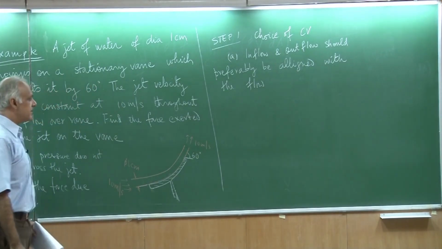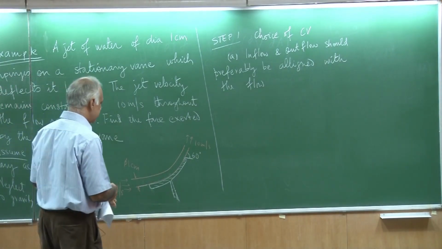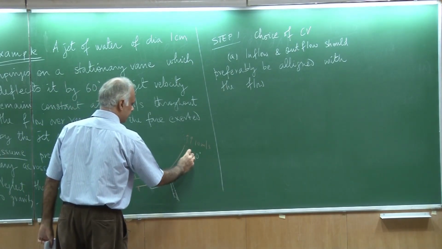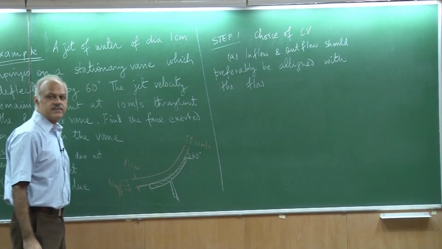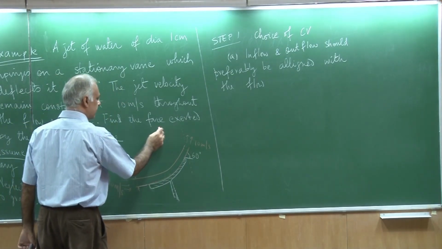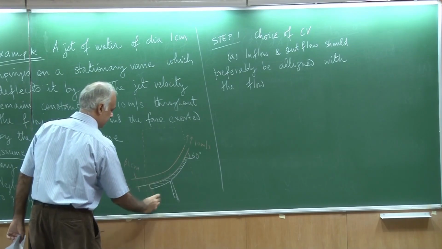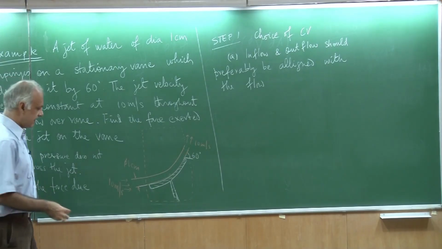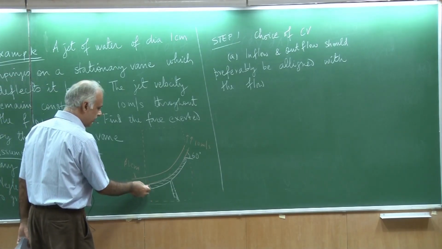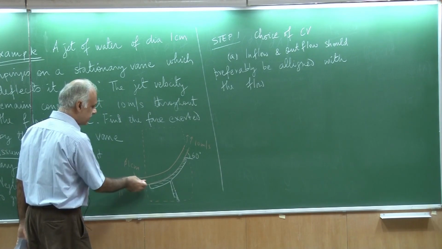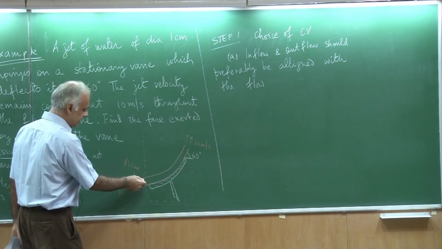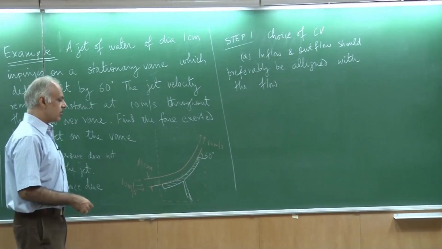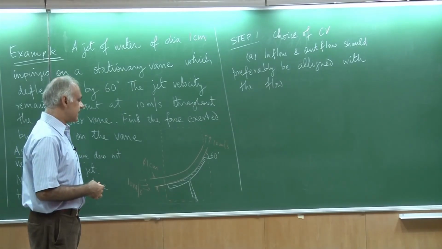Just to give you an example, if I chose a control volume which was something like this at the exit, I can certainly do that. This is a good control volume for the jet coming in because my velocity is in the horizontal direction and the unit normal to the control surface is also in the horizontal direction. So, computing the convective term is easy.